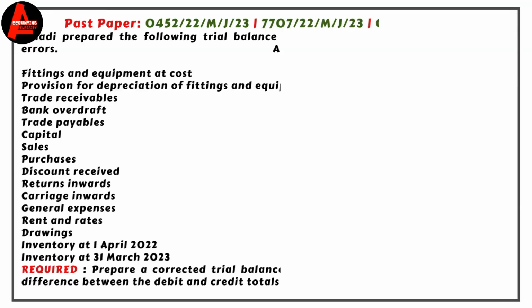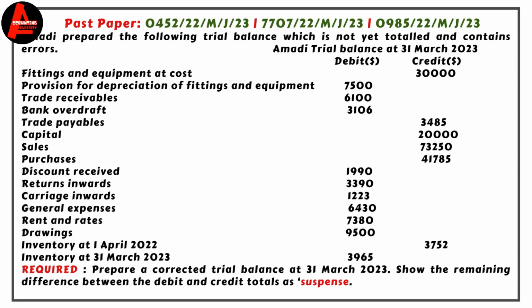In the question, Amadi prepares the following trial balance which is not totaled and contains errors. You see the trial balance but it is not totaled and balanced. Our requirement is to prepare a corrected trial balance at 31st March 2023.